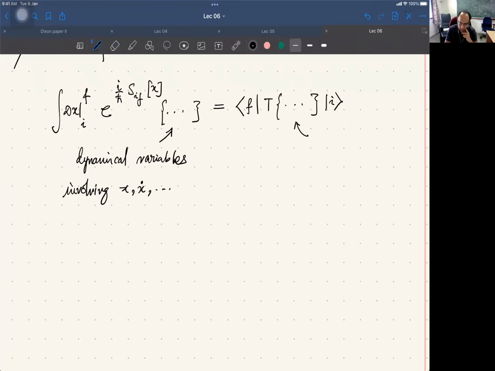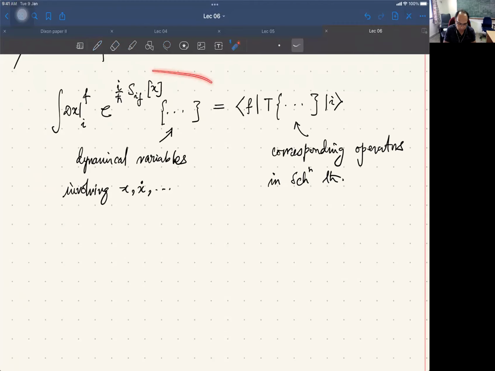And these are corresponding operators in Schrodinger theory. Okay, so this is the statement. This defines all possible computations that we could do in that theory.